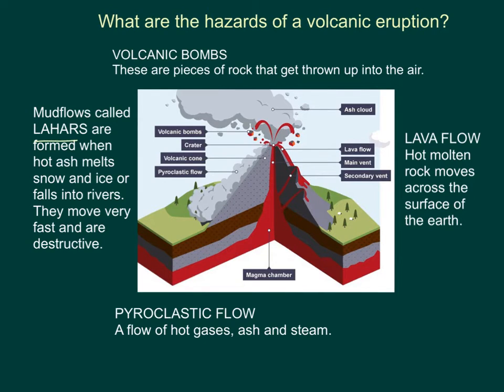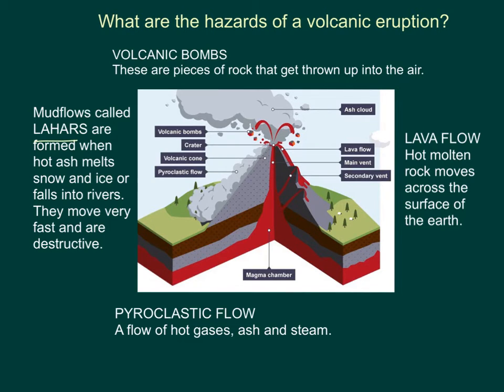Lahars. Composite volcanoes are at high altitudes, so are often ice capped, so they have snow and ice on them. So as the volcano erupts, that snow and ice come out and again can mix with that ash and contribute to making these lahars. They are fast, can be up to 40 kilometers per hour, and are very destructive.